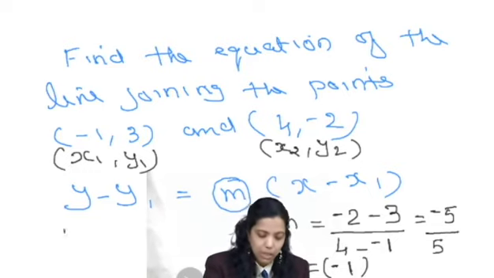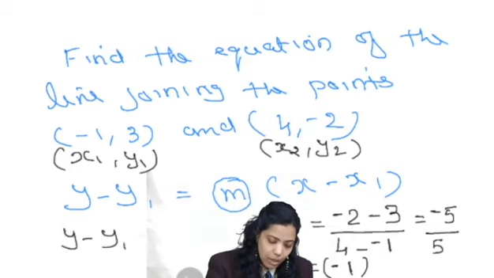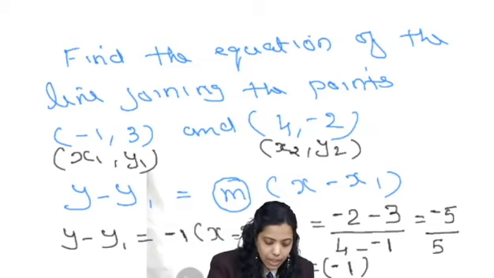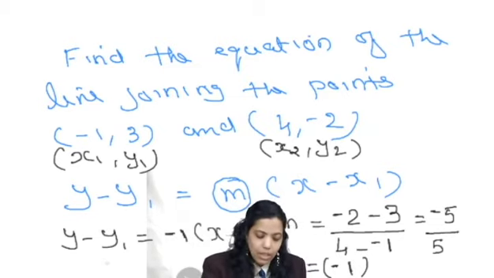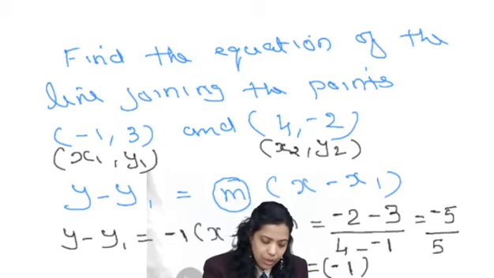So we can substitute in that equation. Here it comes y minus y1 equals m times, that means negative 1 times x minus x1. So here we can write down the value of x1, y1.